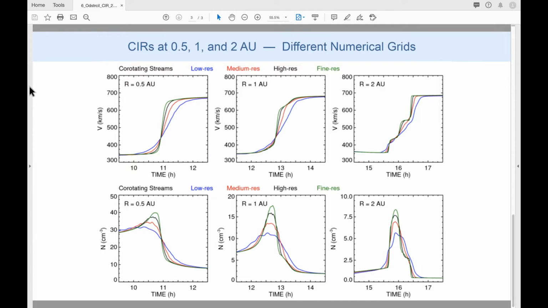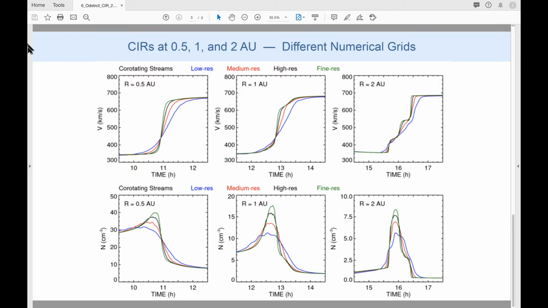And the next slide, you see how difficult it is to observe co-rotating structures at 1AU. Also, Lanjan reported there were very weak occasional structures, and it depends on numerical grid resolution. I use the blue, basically the different columns correspond to half AU, center is 1AU, and right is 2AU, and there are different colors.